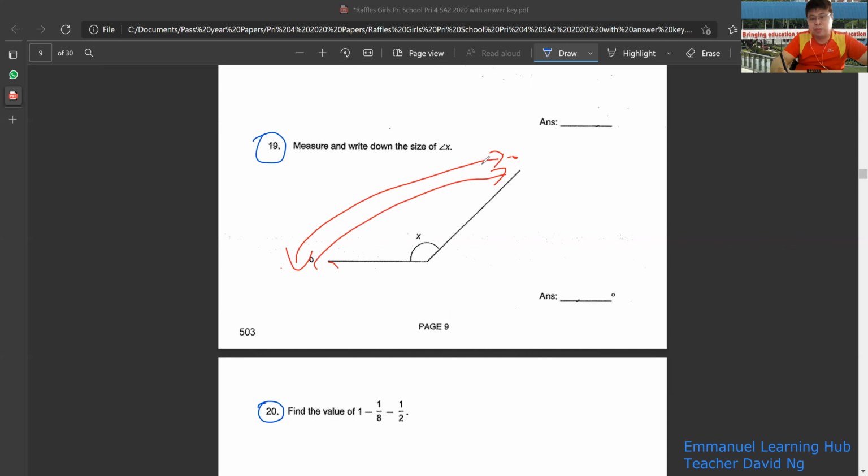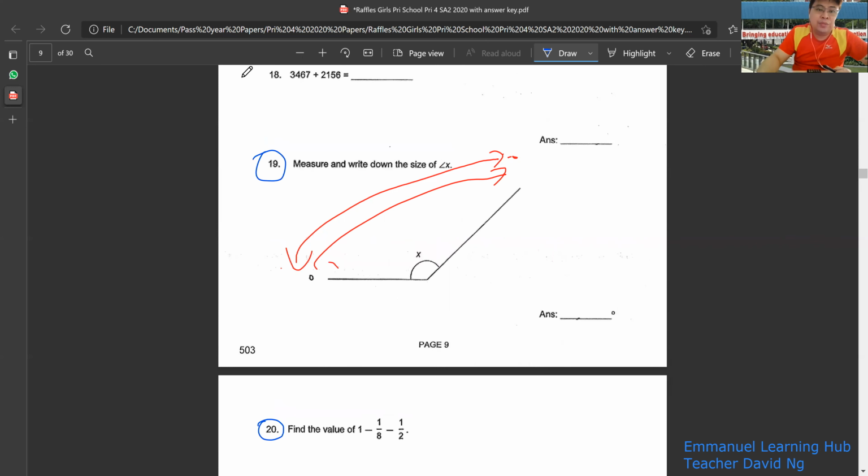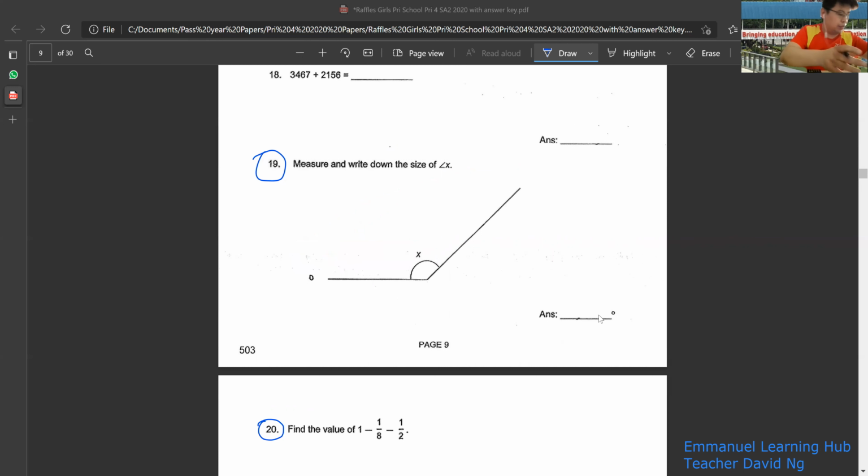You understand what I mean? So you read correctly, you will get the answer already. So 19 is 153 lah, if you read correctly.